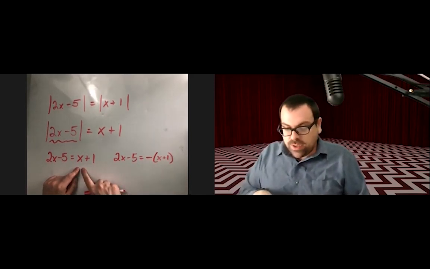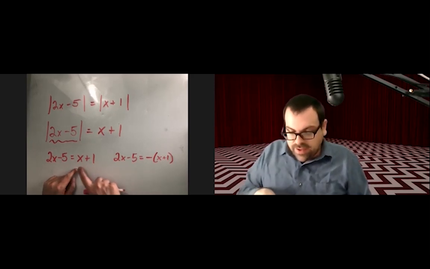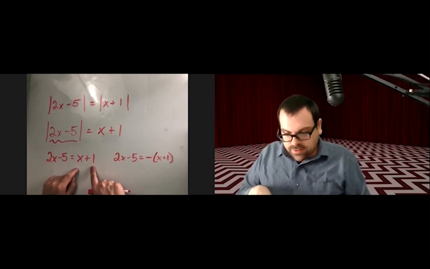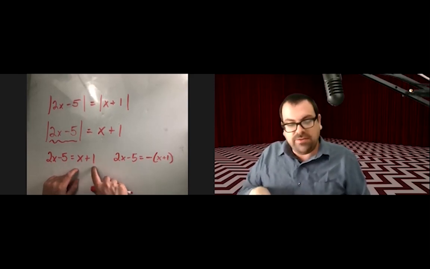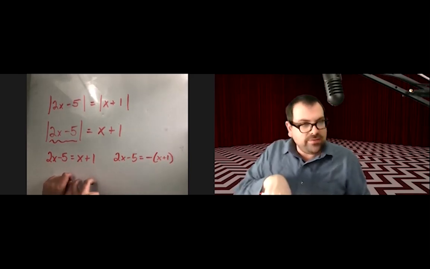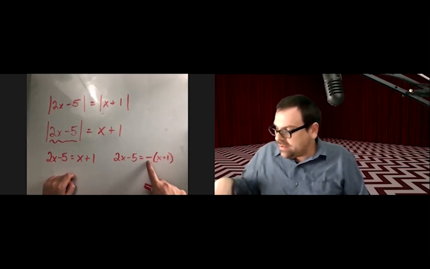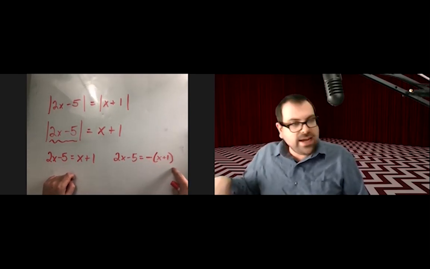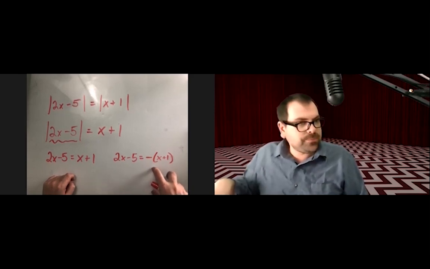Let's say x was -5. If x was -5, then x plus 1 would be -5 plus 1, which is -4. So this side would be the negative, and this would be the one where we would have to take the opposite of the negative number, and it would be the positive one over here.